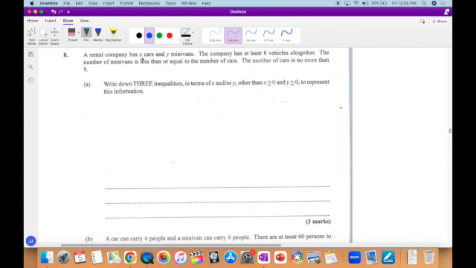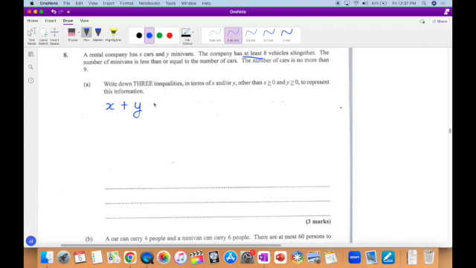A rental company has x cars and y minivans. The company has at least 8 vehicles altogether. Meaning the number of cars and minivans can't be less than 8. If you have at least $5, it means you have $5 or more.